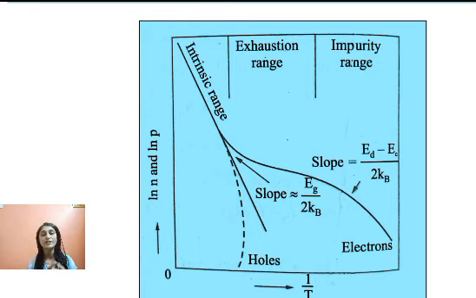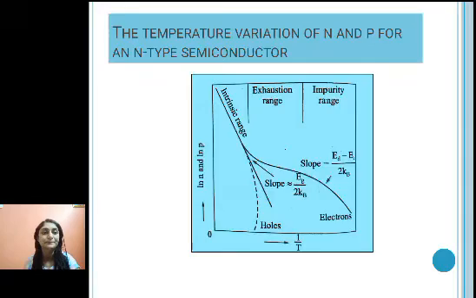When we talk about the impurity range, whatever current is there is because the electrons are jumping from the donor level to the conduction band. It is because of the impurity atoms. So naturally here the slope will be ED minus EC, the difference between the donor level and the conduction level, upon 2 kb. About the levels, valence band and conduction band, you can refer to the earlier lecture.